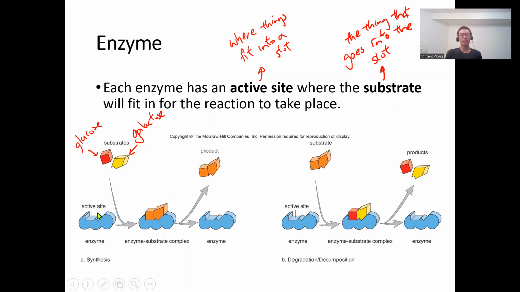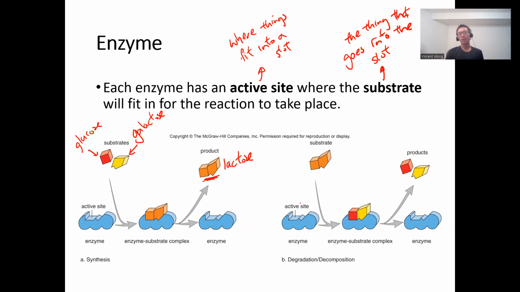In this example, we have the glucose and the galactose as the substrate. It goes into the active site and the enzyme will perform the reaction. It will lower the energy requirement, allowing it to happen in the body, and then it will split out the product. So in this case, glucose plus galactose makes lactose.